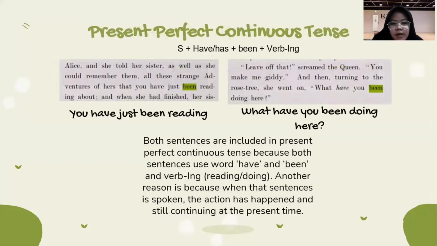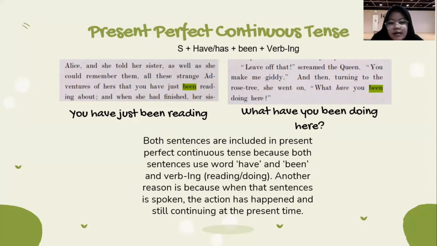The next is present perfect continuous tense. Present perfect continuous tense has the pattern subject plus have or has plus been plus verb ing. The first sentence that I found is "you have just been reading." The second is "what have you been doing here?"